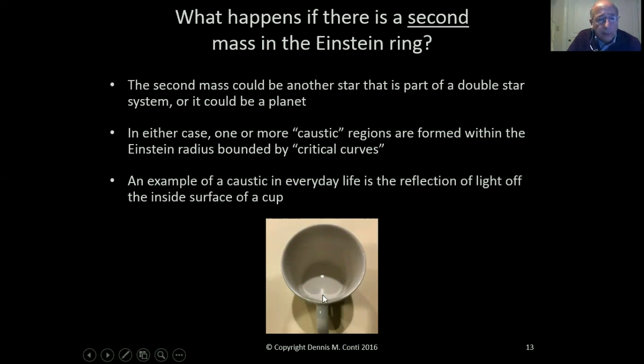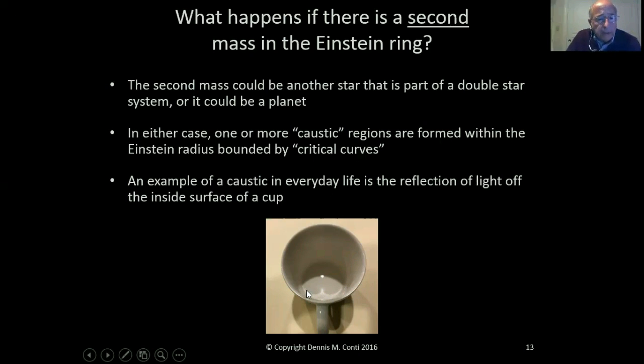I don't know if you can see it plainly on your screen, but there's this area at the bottom of the cup that represents parallel light rays that have hit the circular part of the cup and have converged to form this caustic region. And if you were to look carefully, you would see a very sharp curve around the caustic region, that being called the critical curve.